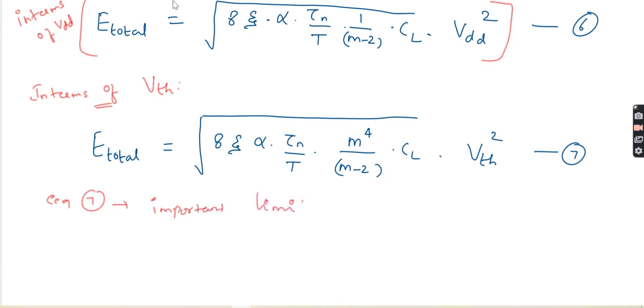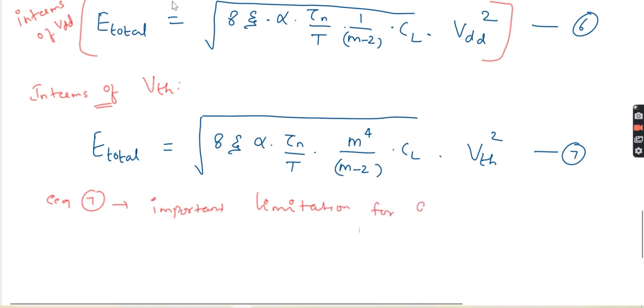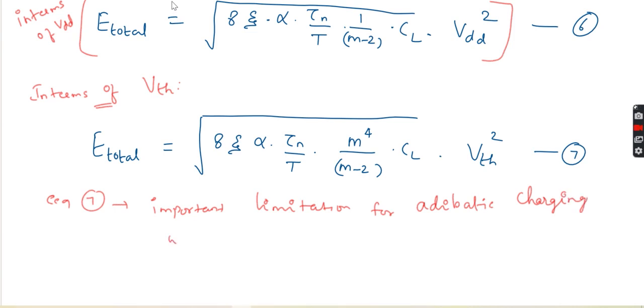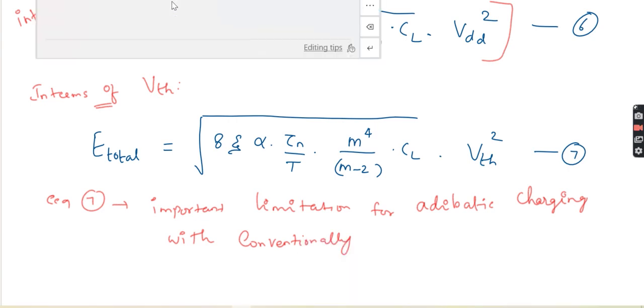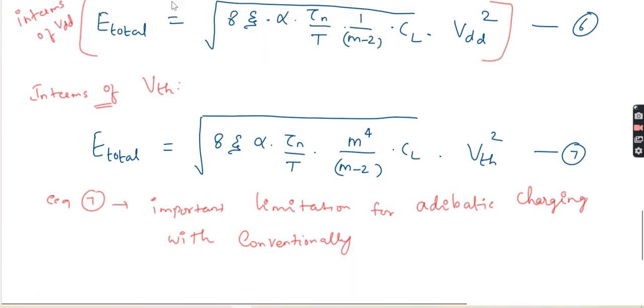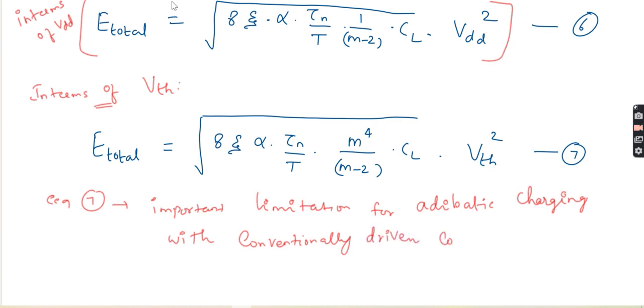Equation 7 is important for the important limitation for adiabatic charging with conventionally driven control signals.